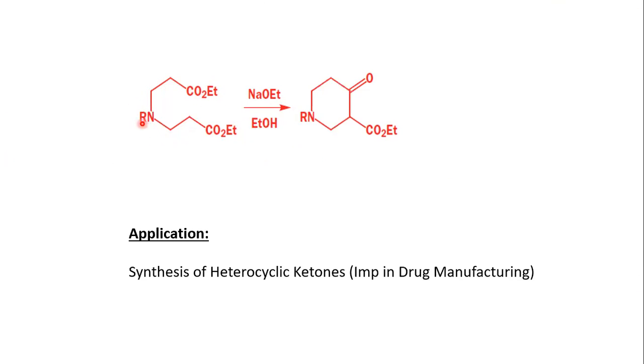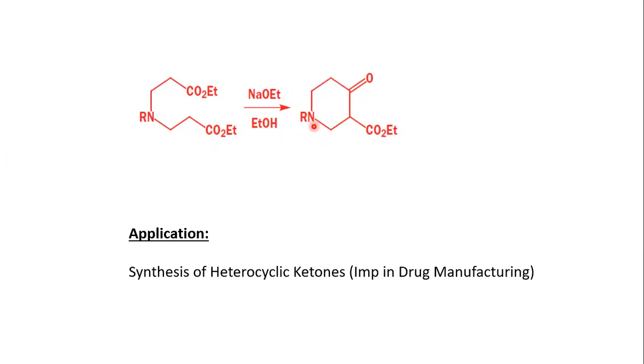They have used a diethyl ester, but it has a heteroatom, a nitrogen, attached to it. This R could be anything, H or CH3, but it has an N. So it has a heteroatom attached to a diester. It undergoes intramolecular Dieckmann condensation, giving rise to this kind of cyclic heterocyclic ketone, which has that heteroatom.